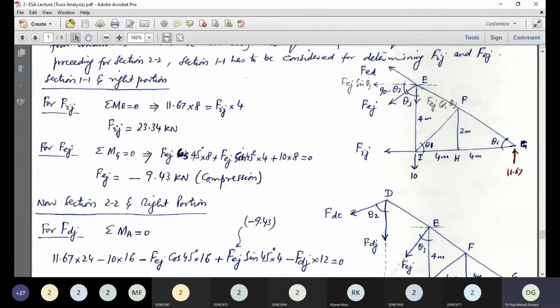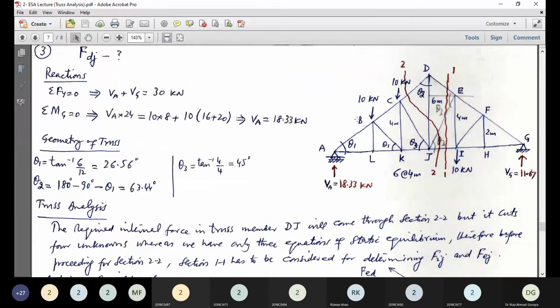So FEJ cos 45 into 8 plus FEJ sin 45 into 4 plus 10 into 8. 10 into 4 plus 4, 8. So FEJ will become minus 9.43 kilonewton, that is compression.